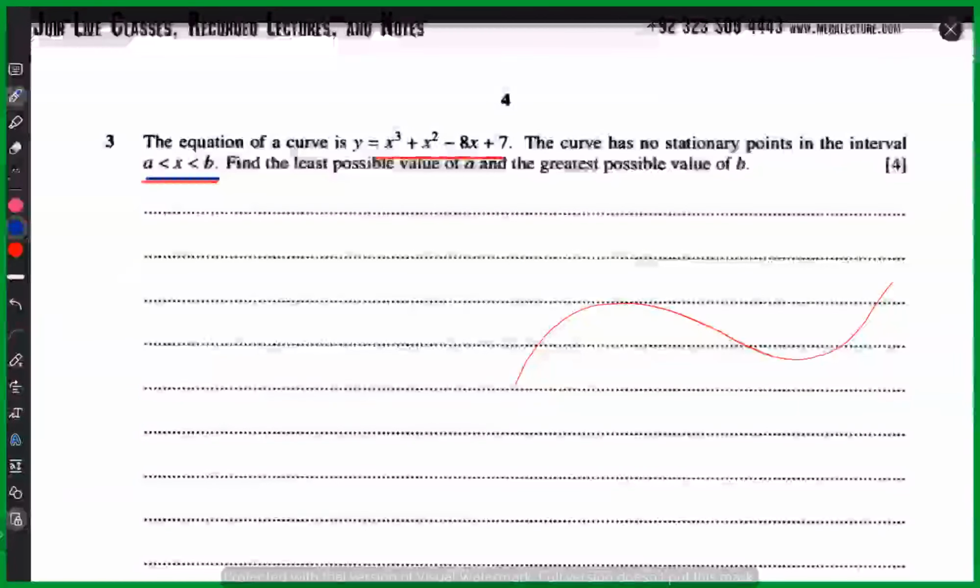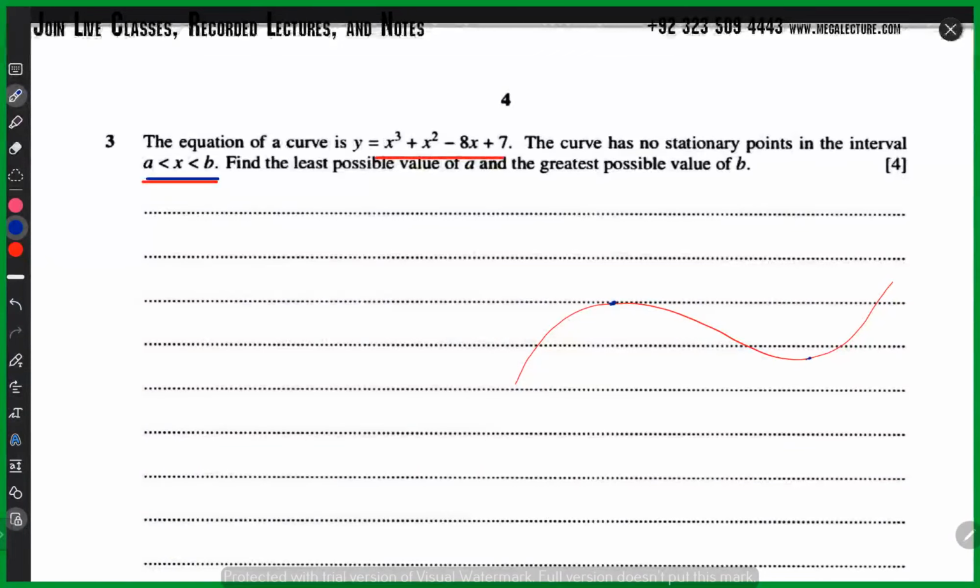Now the curve basically has a stationary point at this point. That is basically going to be its maximum point, and then at this point as well, this is basically going to be its minimum point.